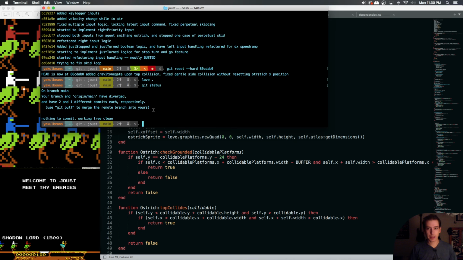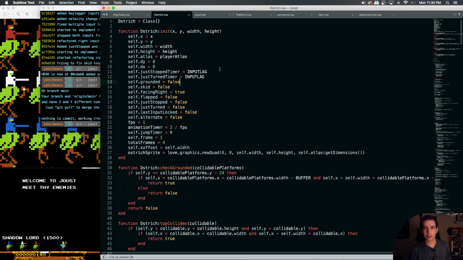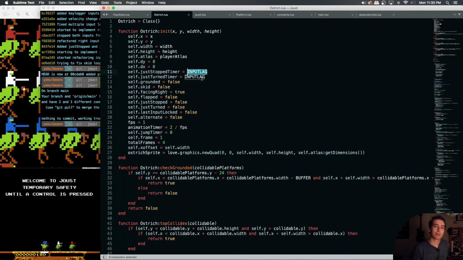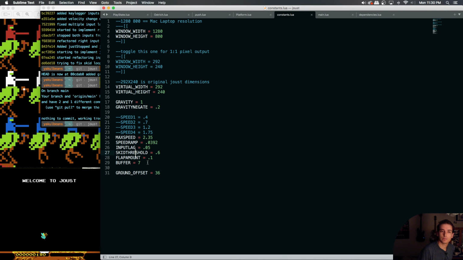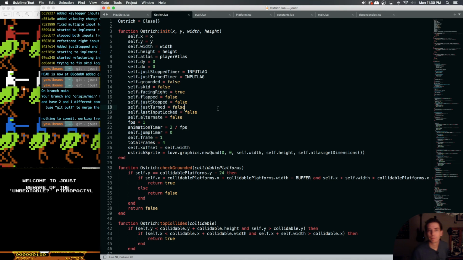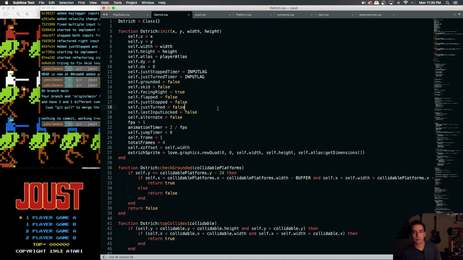I would think this would have been a merge conflict because it was a different name. It was just stop timer or whatever as a constant instead of the input flag. I don't know what to do. It won't let me push.